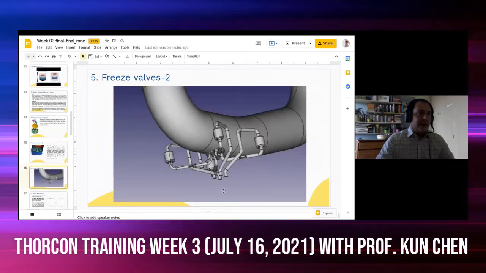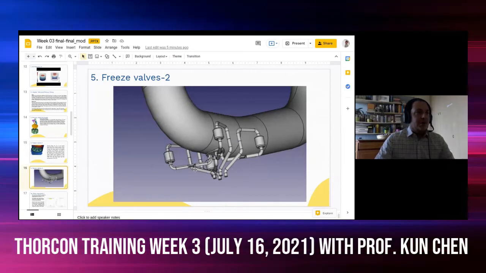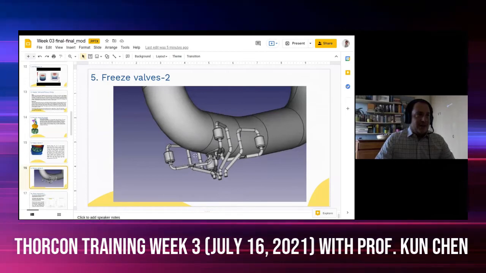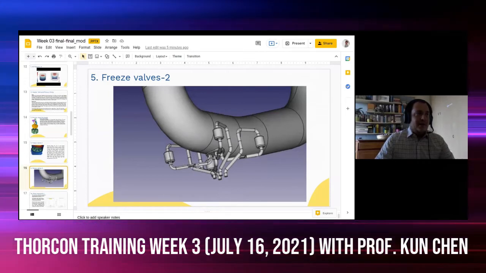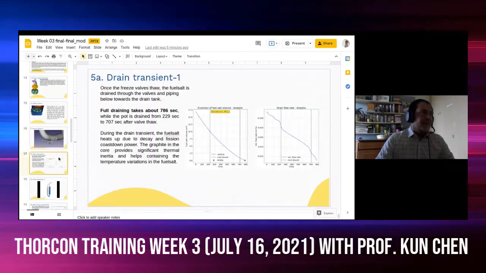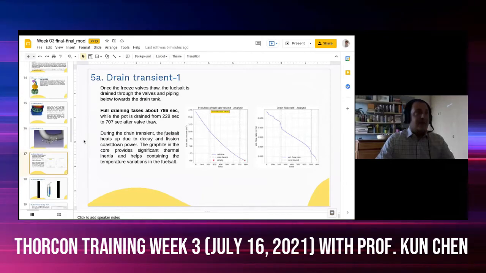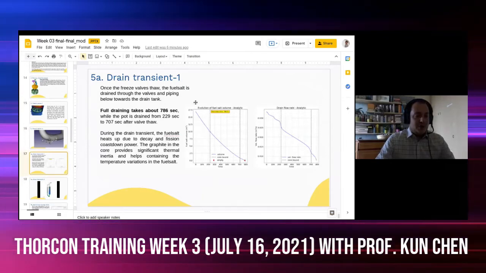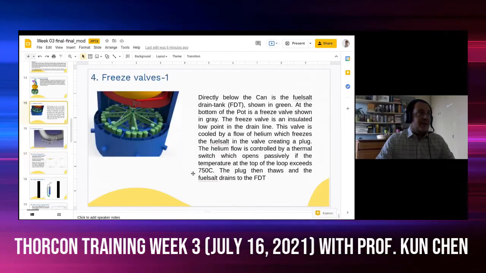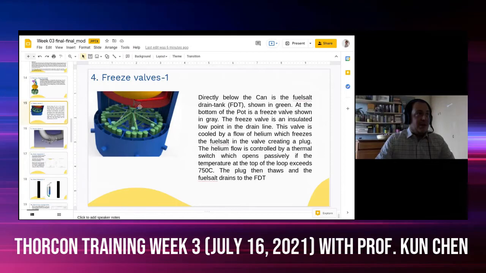This picture, again, all of this is public material, shows in detail the design of the valves. This is the specific section where the solid plug is present. Once the valve opens, due to the absence of active helium cooling, just by gravity, the salt drains into the drain tank. The drain tanks are the tanks below here.